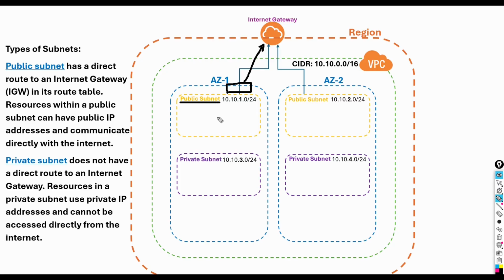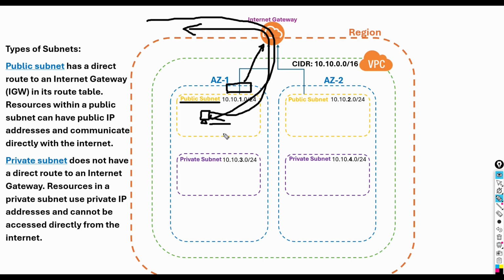Hope you understand. So basically, whatever resources we build in this public subnet, let's say this is the Windows server, then this server will get the public IP address and this server can access the internet through this internet gateway. Also, this server can be accessible from the internet.